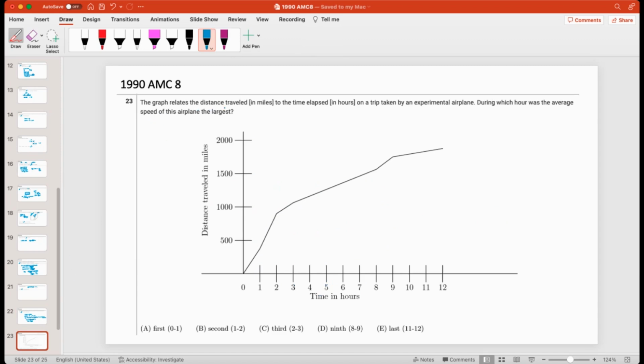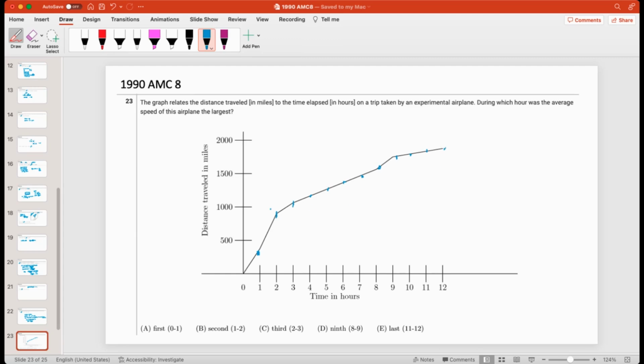The graph relates the distance traveled in miles to the time elapsed in hours on a trip taken by an experimental airplane. During which hour was the average speed of this plane the largest? So this is time and this is distance, right? Now when we have to calculate speed, wherever the graph is the steepest, so let's just mark the points. This is 1, 2, 3, 4, 5, 6, 7, 8, 9, 10, 11 and 12.